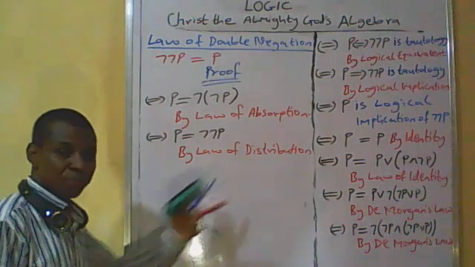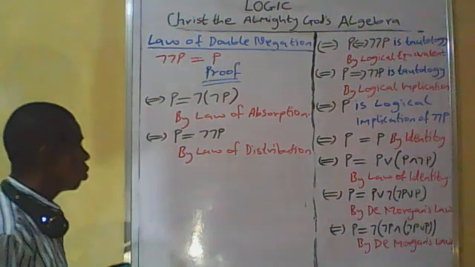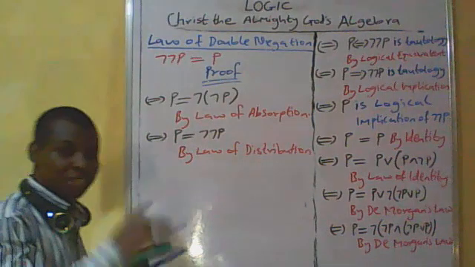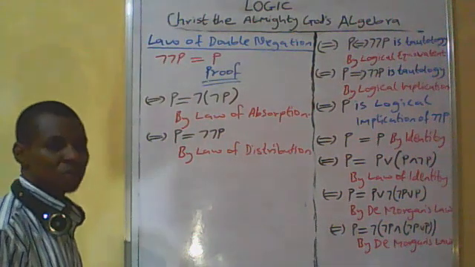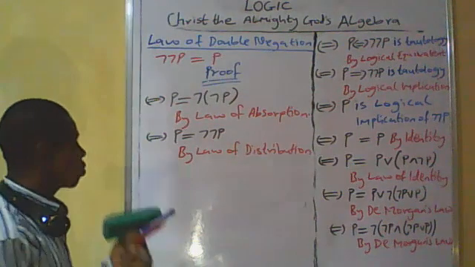Now I have proved our hypothesis. Our assumption has now been proved that P is equal to not P. I mean the converse has now been proved.